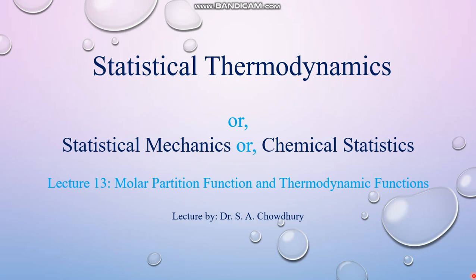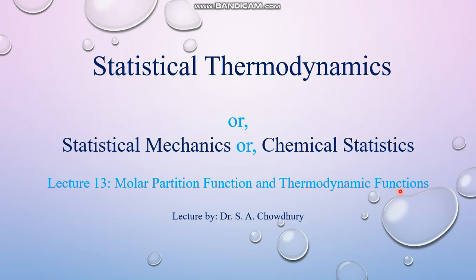If there are three particles, the available energy level should be F cube, and if there are n number of particles, it is F to the power n. If this n is n0, then this is F to the power n0, and this is known as the molar partition function, and we have to relate them with classical thermodynamic functions.